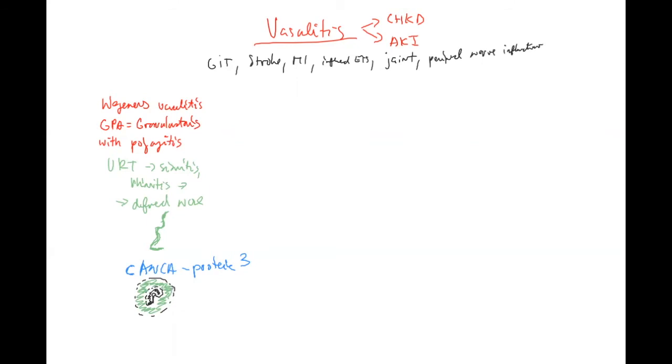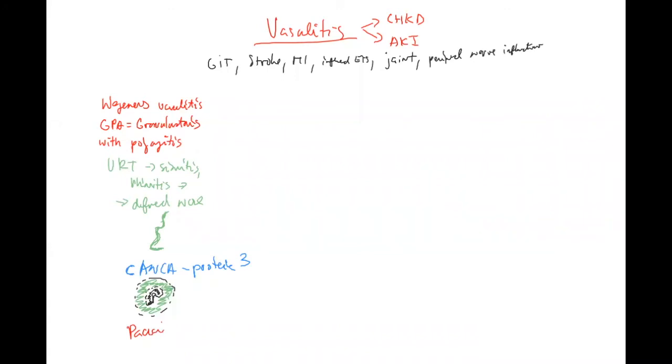And one more thing, if you do a biopsy and put the glomeruli under the microscope, you won't see any immunoglobulins in the glomeruli because there are only few immunoglobulins to see. It's very hard to see them. So that's why you call them also pauci-immune. So normally, if you look for the antibodies, that's okay.